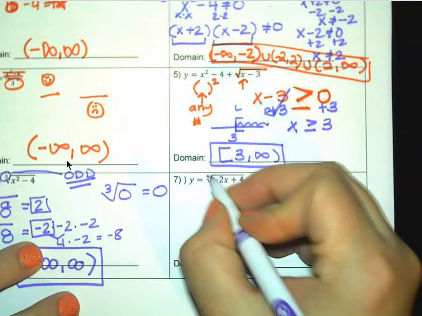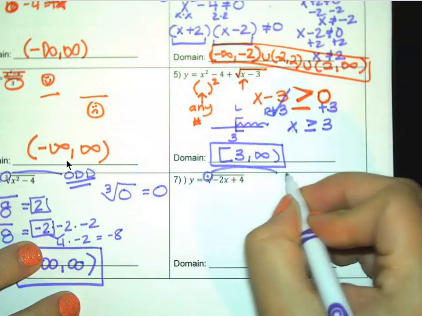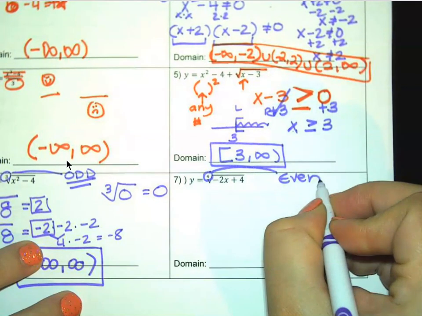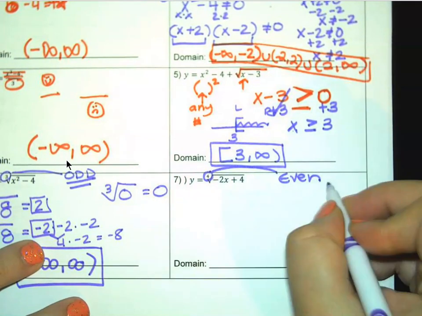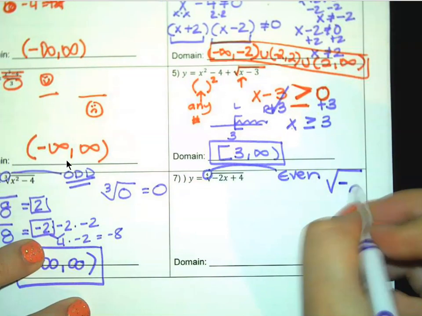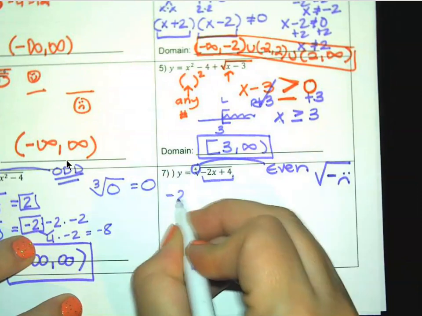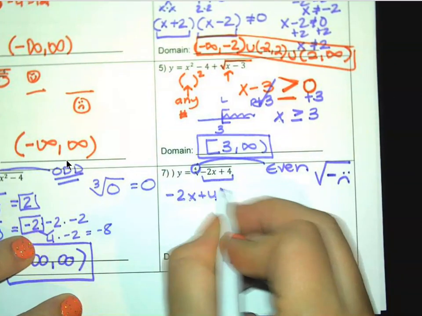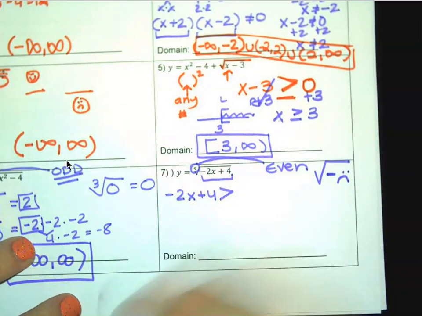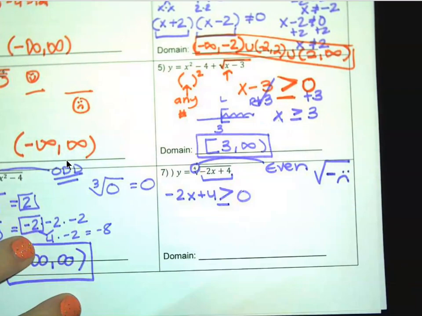Okay, so this one we have a radical again, and the index is even. So when it's even, we know that we can't have negatives inside. So in other words, we want the -2x plus 4 to be a big number, a positive, or it could equal 0.